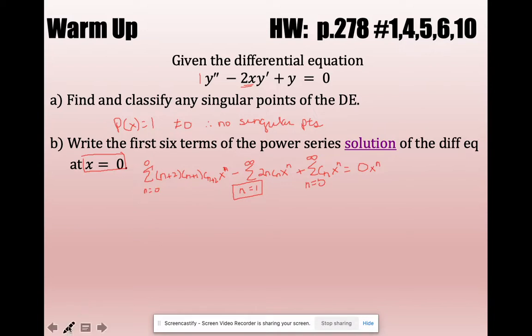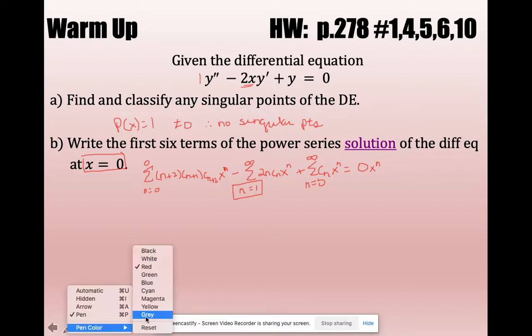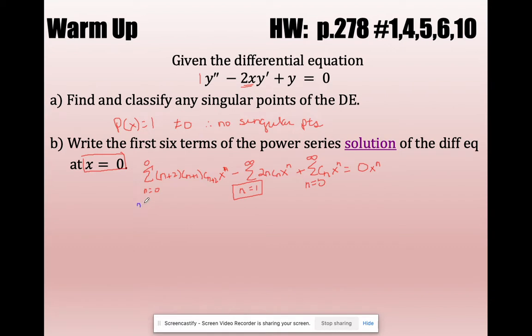So I'm going to go ahead and pull out an n equals 0 term from here so that I get n equals 1, and an n equals 0 term from here. And when I do that, I got 2 times 1 c sub 2 x to the 0. And then I got a plus, plugging in 0 there, c sub 0 x to the 0.